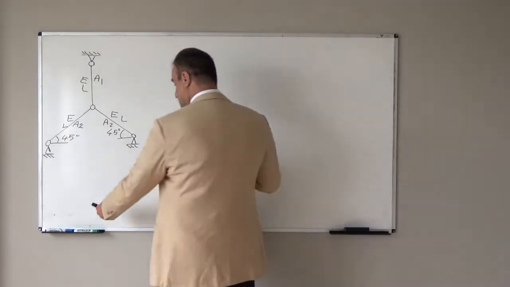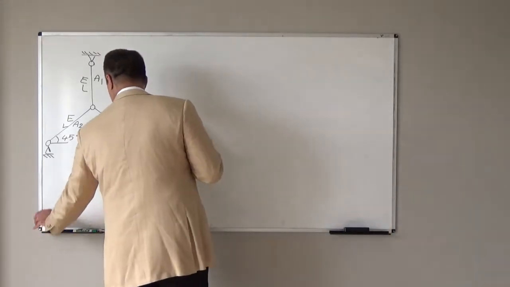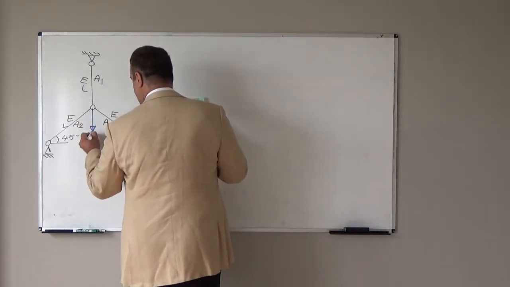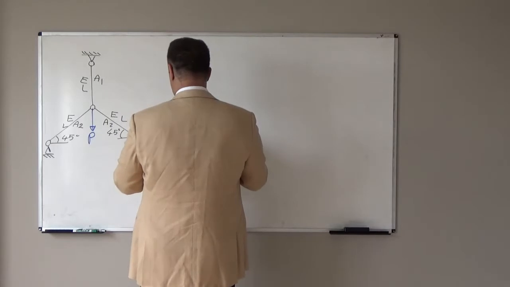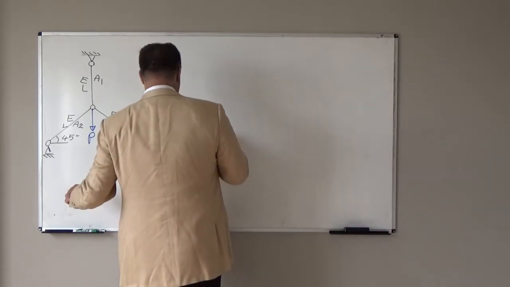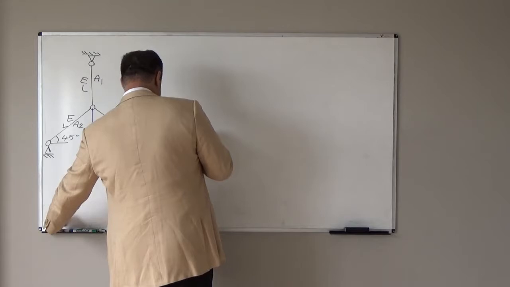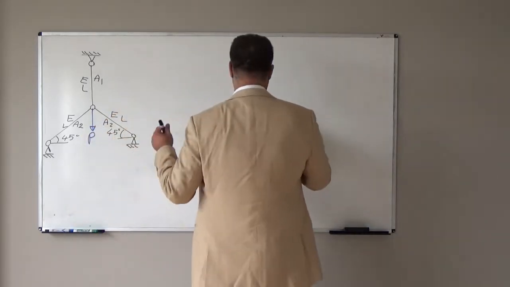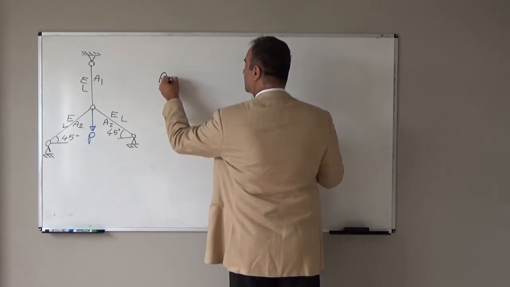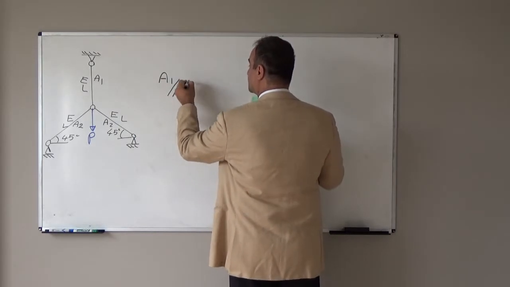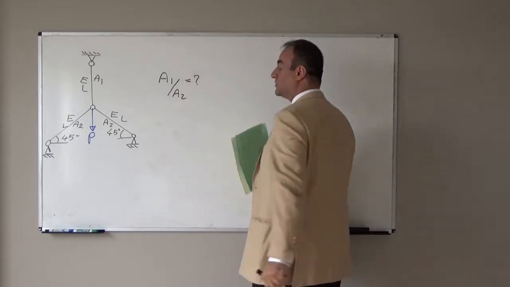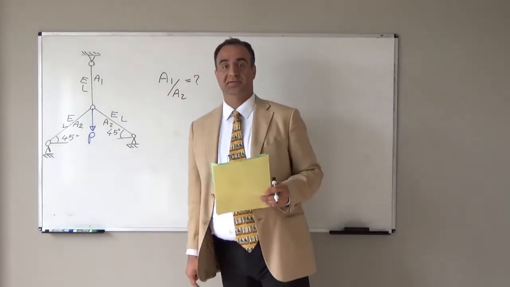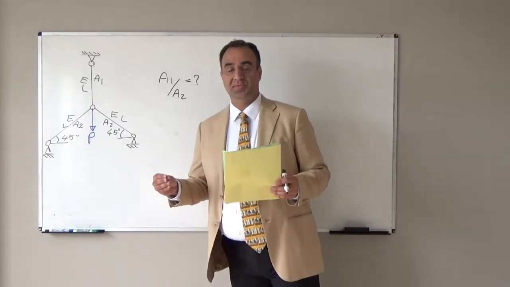We have an external force here, with a known magnitude, which we show as P. We want to find the A1 over A2 ratio so that the internal forces in these three members are equal to each other.